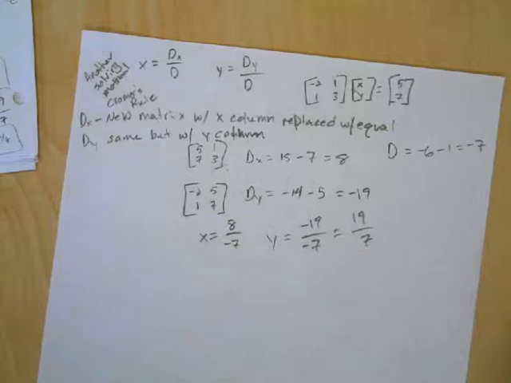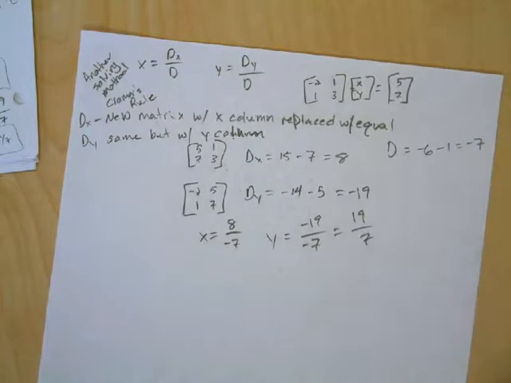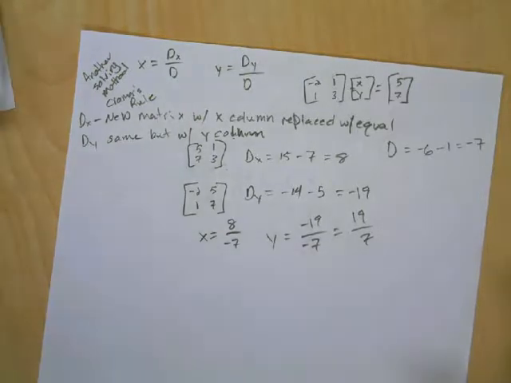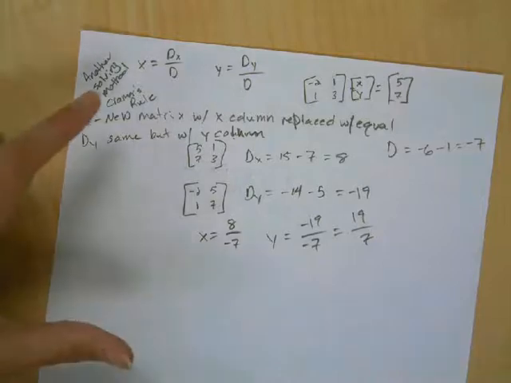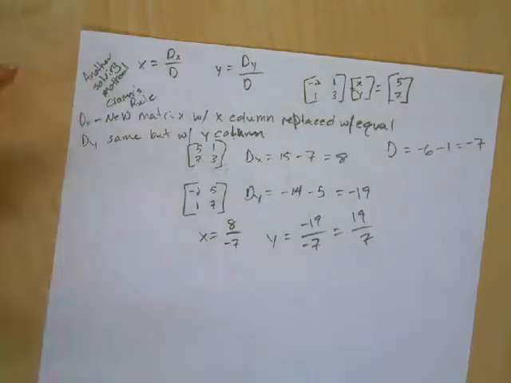So Cramer's rule you can use to solve these. Cramer's rule still works if it's a 3 by 3, but you would have to find the determinant of the 3 by 3, and then this gets a little bit more complicated.